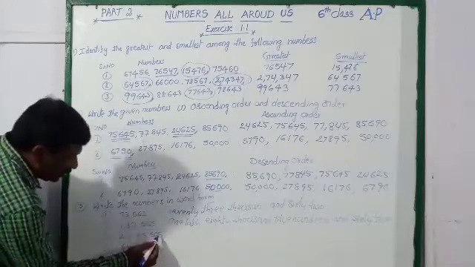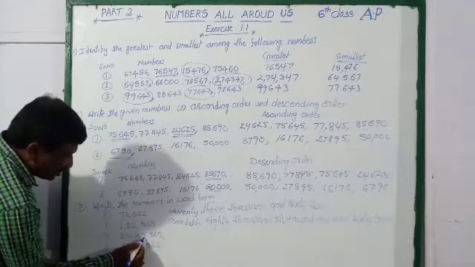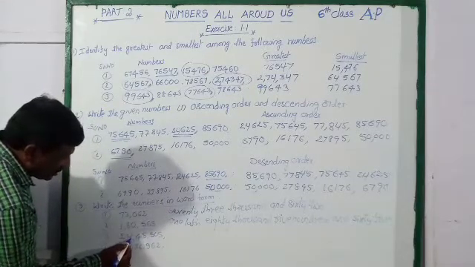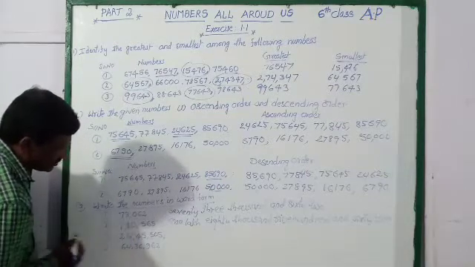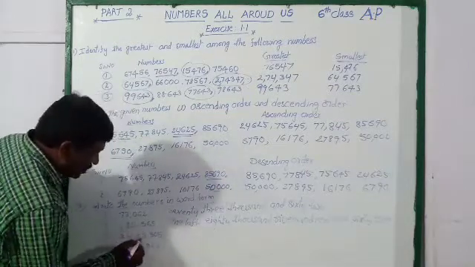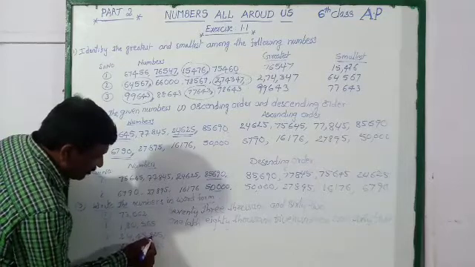Then units, tens, hundreds, thousands, 10,000s, lakhs, 10 lakhs: 24 lakhs, 45,505.